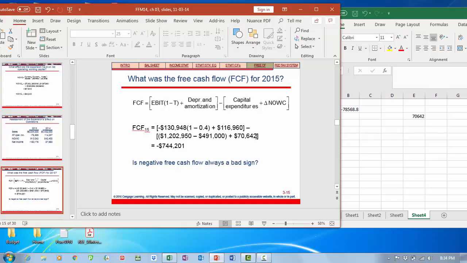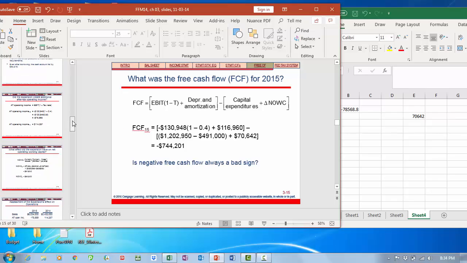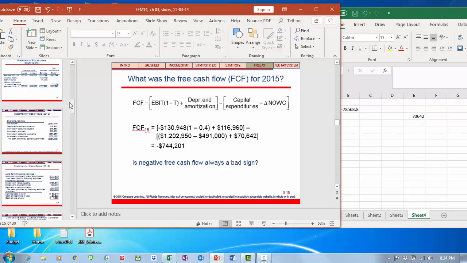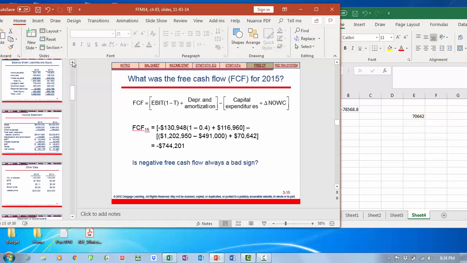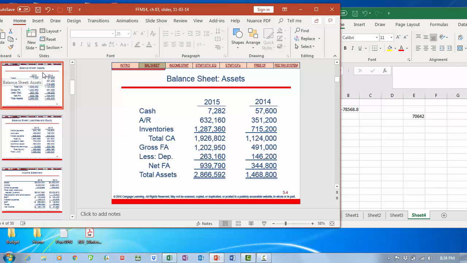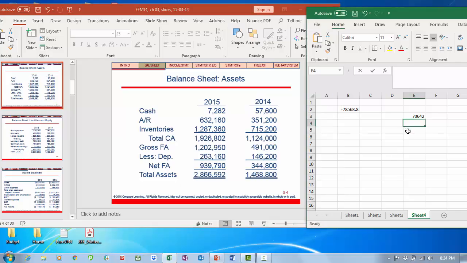And then the rest of the numbers, you can easily get from the balance sheet. So capital expenditure, for example, will come from the fixed asset. So this one here, gross fixed asset 1,202,950. That's for 1,202,950 minus 491,000.